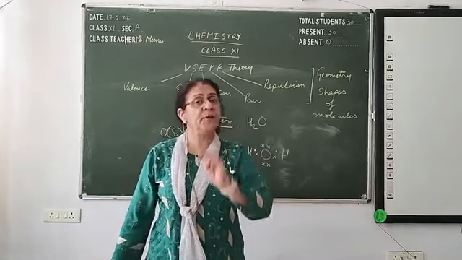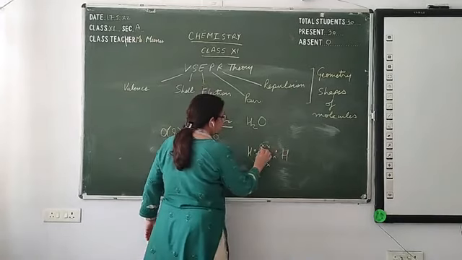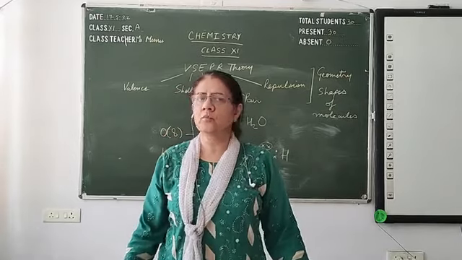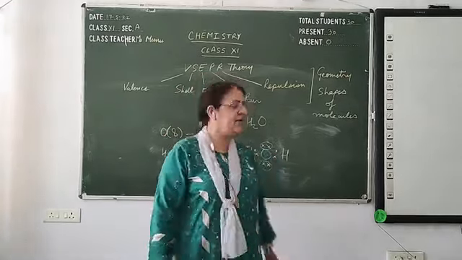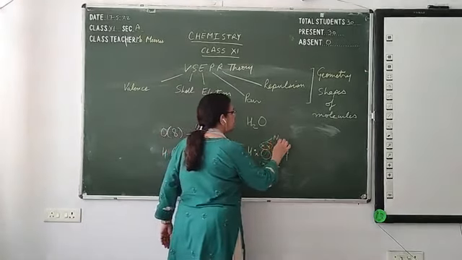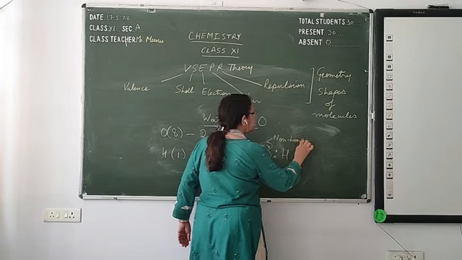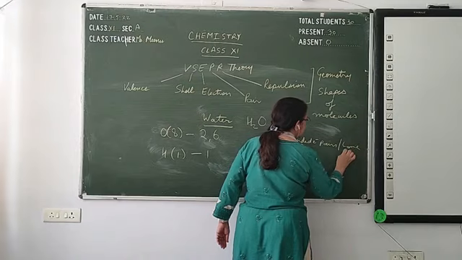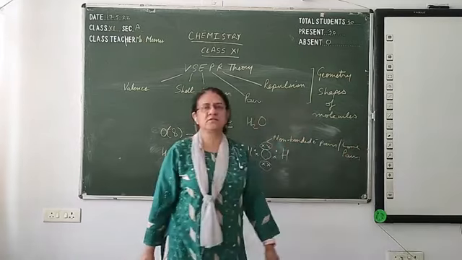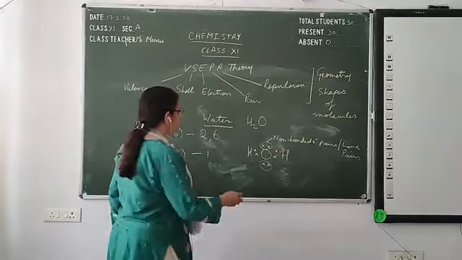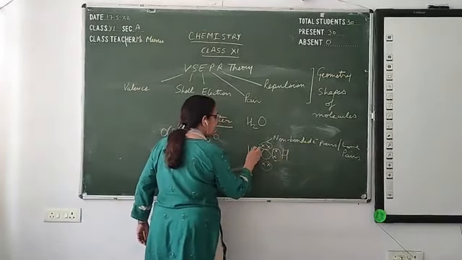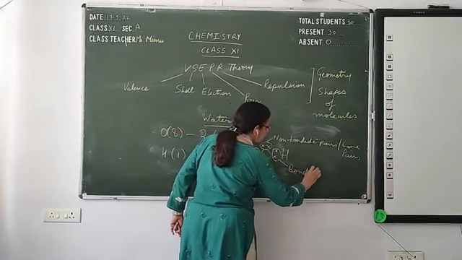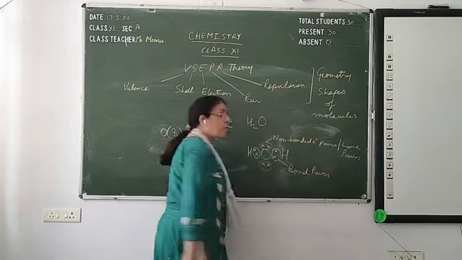Now, out of these 4 pairs, these 2 are different. Are they undergoing bonding? No, they are not undergoing bonding. Hence, these are the non-bonded electron pairs, also called lone pairs, and the other ones, which I have marked with a different color, are called bond pairs.